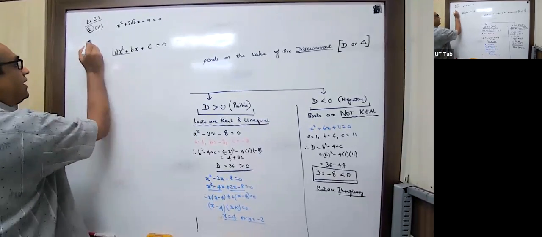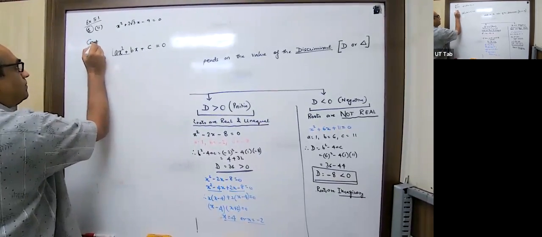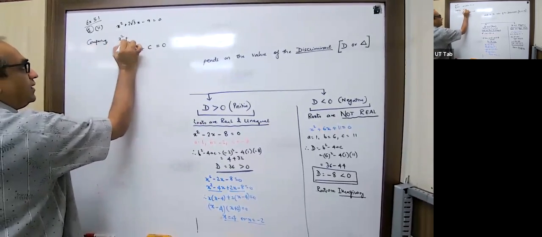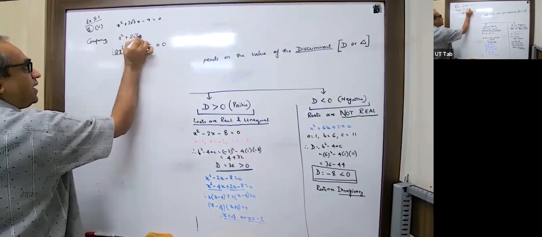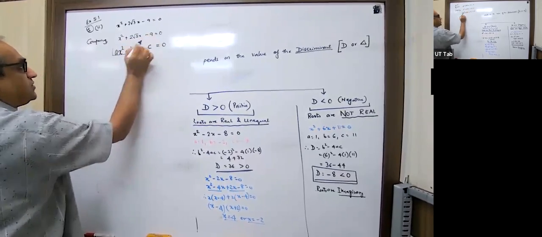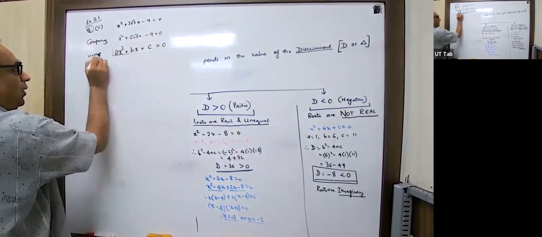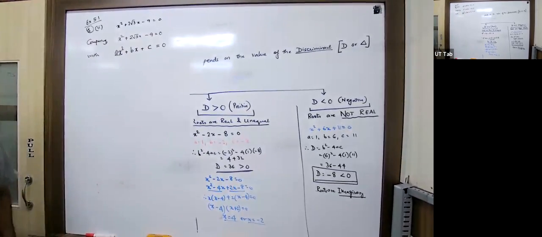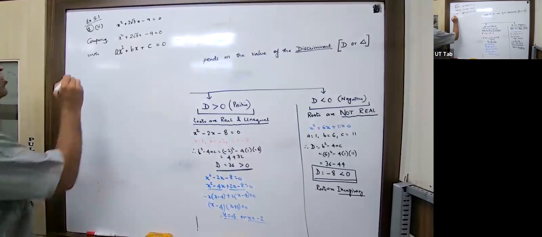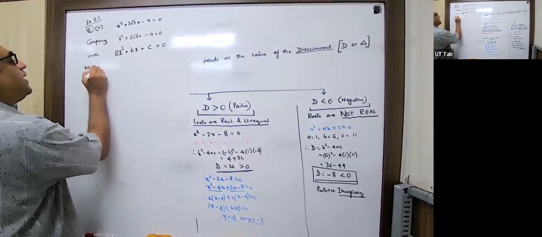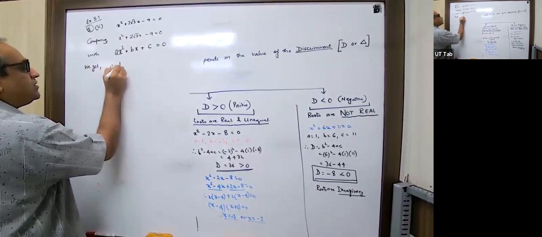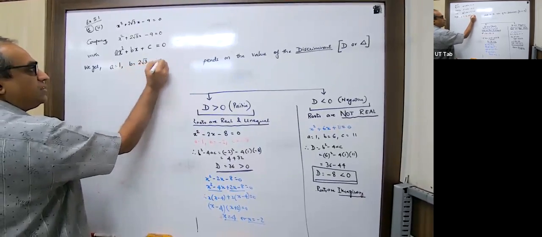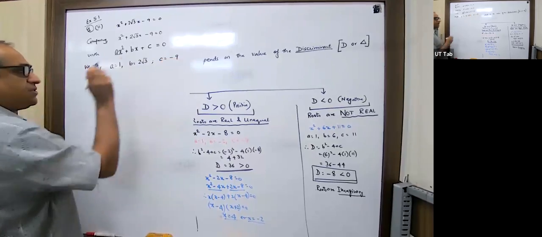So you start writing comparing x squared plus 2 root 3x minus 9 is equal to 0 with ax squared plus bx plus c is equal to 0. We get, ये सब लिखना है, हाँ? A is 1, B is 2 root 3, C is minus 9.